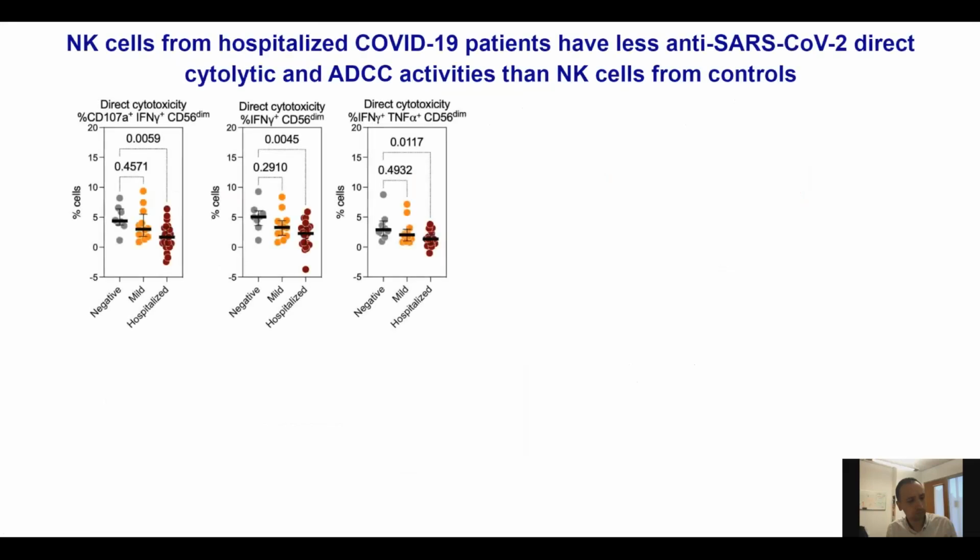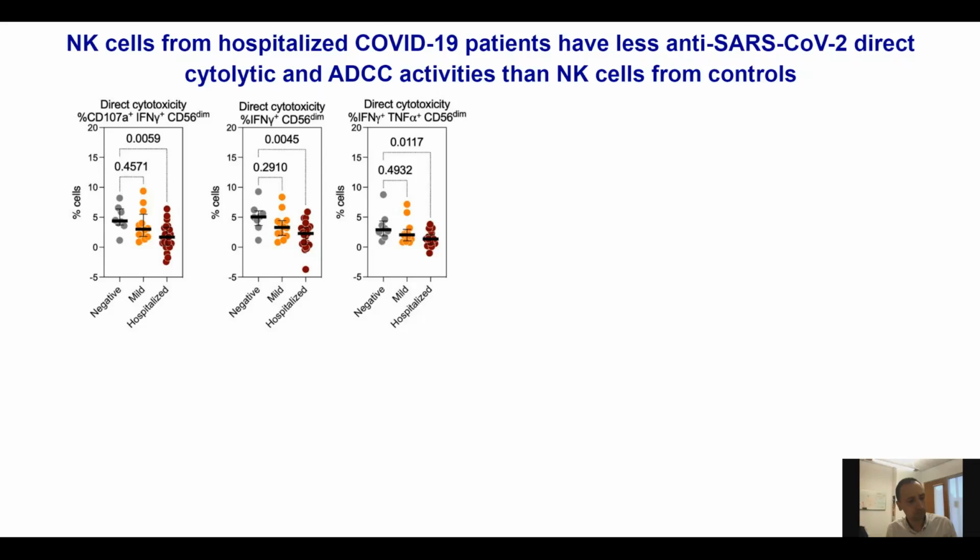So indeed, as we hypothesized, these alterations are associated with less functionality. These NK cells from individuals with hospitalized COVID-19 are less capable of degranulating, as measured by the co-expression of CD107 and interferon gamma, or releasing cytokines like interferon gamma, or co-expression of interferon gamma and TNF alpha, compared to the NK cells isolated from the mild or SARS-CoV-2 negative individuals.